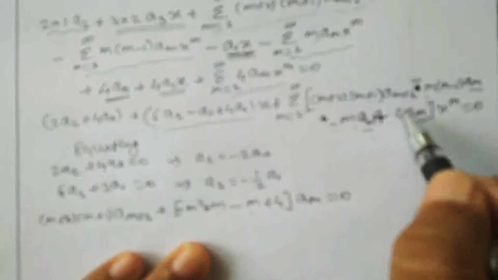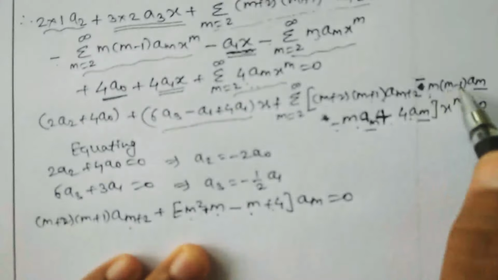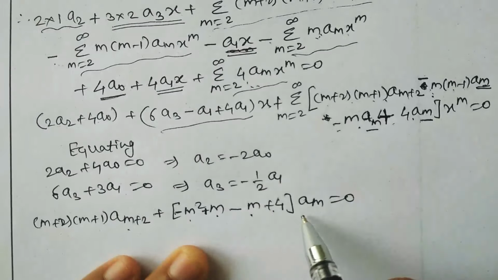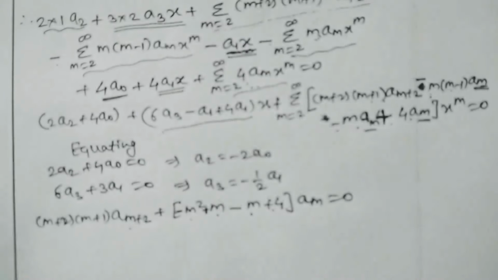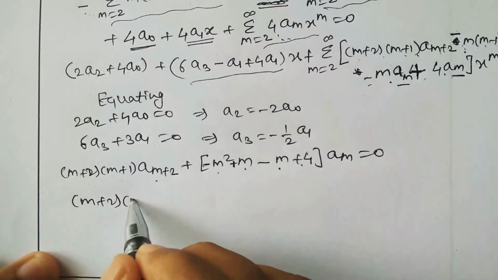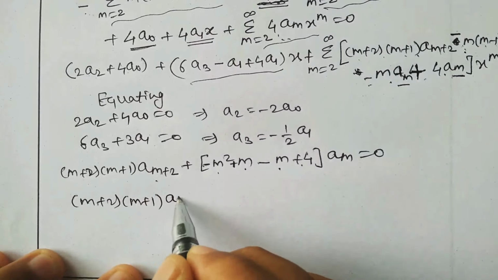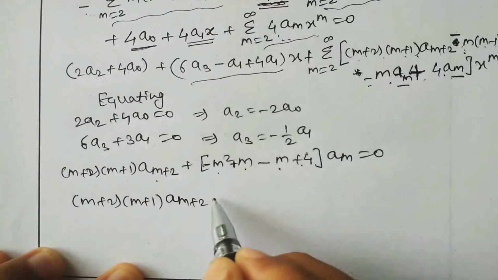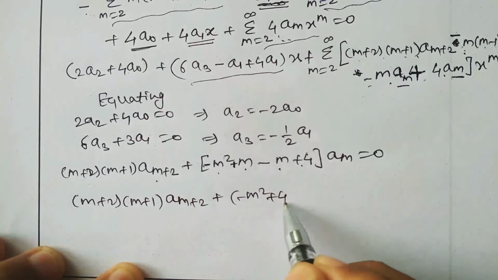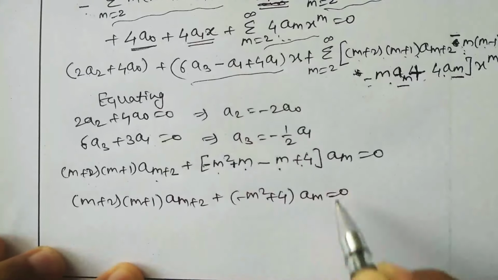All terms contain am, equals 0. Now this is equal to (m plus 2) into (m plus 1) a(m plus 2) plus, we will get here minus m square plus 4, am equals to 0.